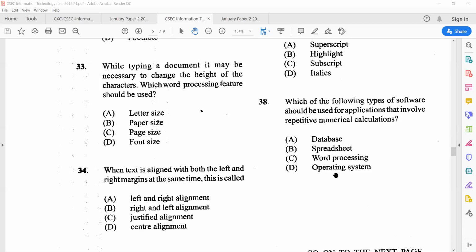You will not use Microsoft Word for that. A database is used for storing information for querying, and as we did in the SBA, you use a spreadsheet for calculating. Use formulas to calculate sums, averages, maximum, minimum, things like that. So the most suitable answer for this is spreadsheet B.